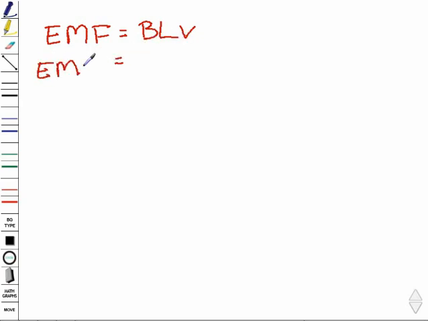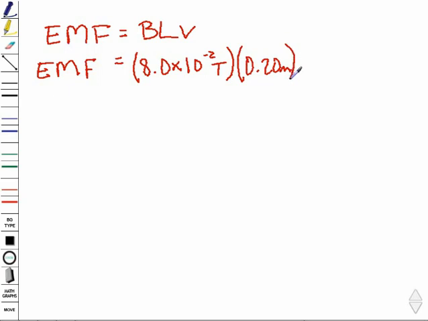So our induced EMF is equal to our magnetic field strength, 8.0 times 10 to the minus 2 Tesla, times the length of our wire, 0.20 meters, times the velocity that wire was traveling through the magnetic field, 7 meters per second.